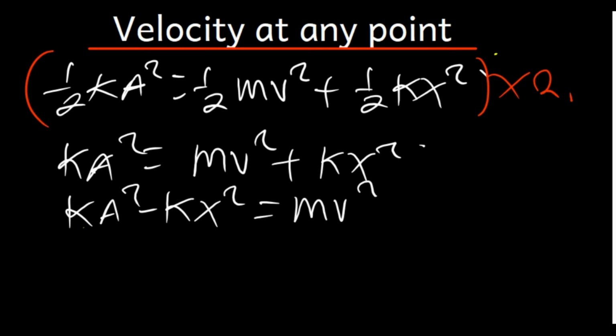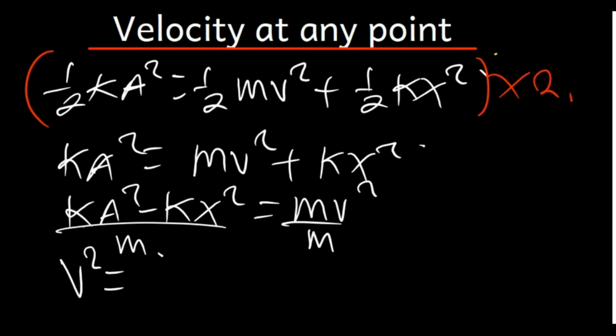Now I can divide both sides by m. So I'm going to have v squared. What I can do, I can factor out k.